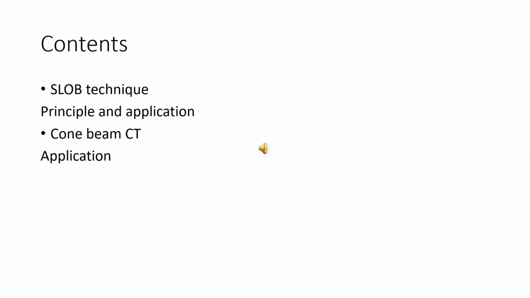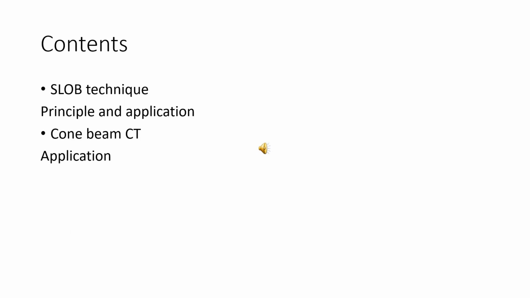Now we have a lot of techniques to determine whether they are buccally placed or lingually placed or close to any other important anatomical structures. But the main one, which is used routinely in our clinical practice, is the Slob technique.